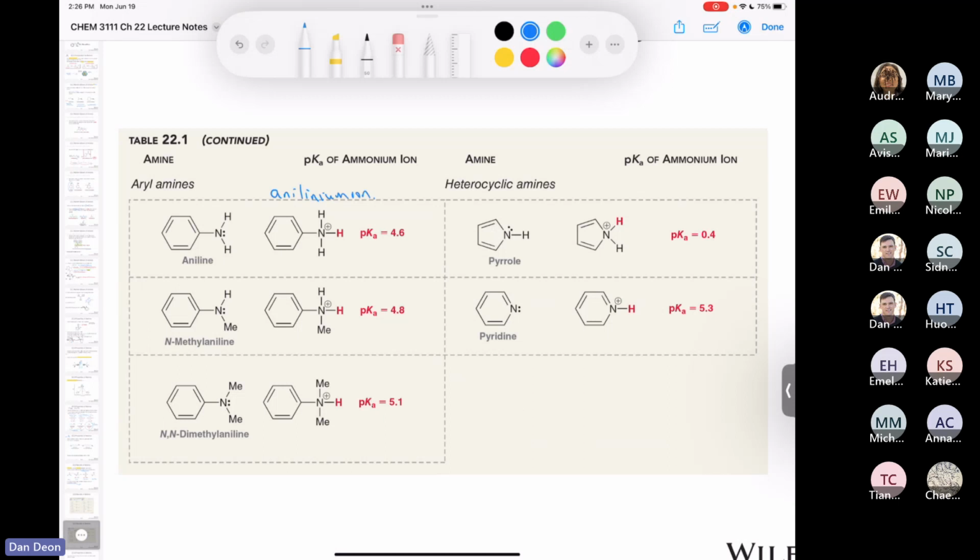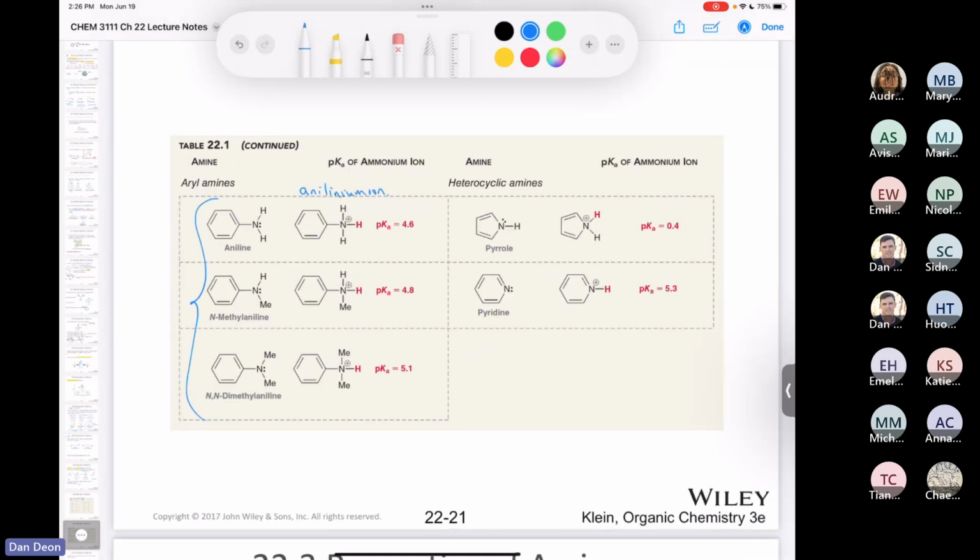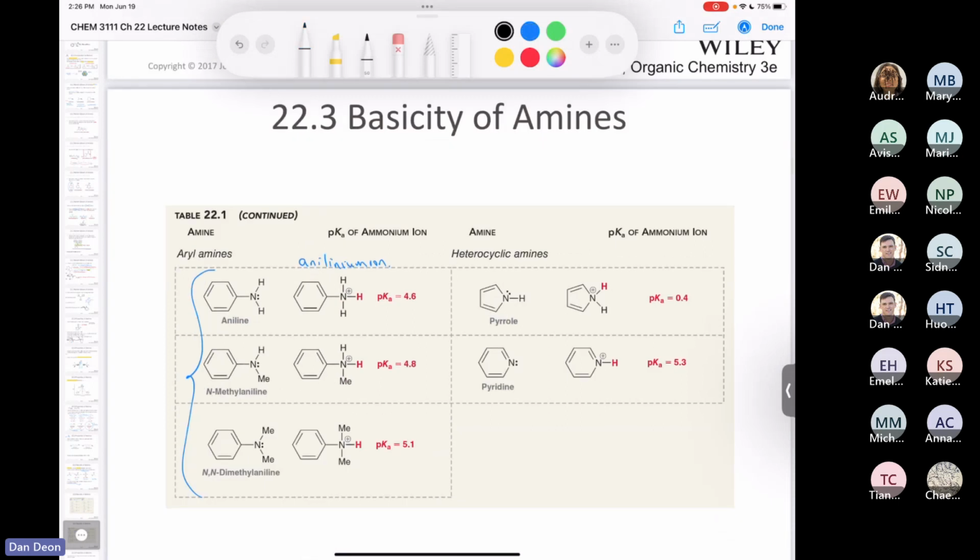So that means that all of these are stronger acids than alkylamine. So if it's a stronger acid, that would mean that the deprotonated form, this form here, would be a weaker base than an alkylamine. Does that make sense? It makes total sense. It makes sense based on resonance. If you just compare an alkylamine, let's say you take ethylamine, for example.